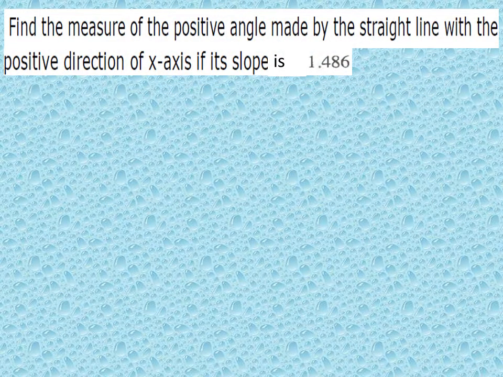Find the measure of the positive angle made by the straight line with the positive direction of the x-axis if its slope is 1.486. Slope equals tan theta. Then tan theta equals 1.486.